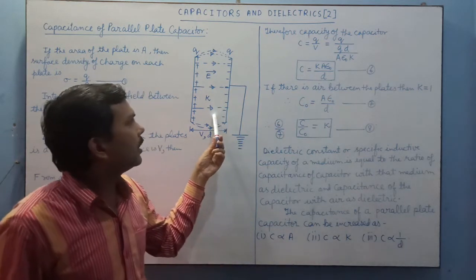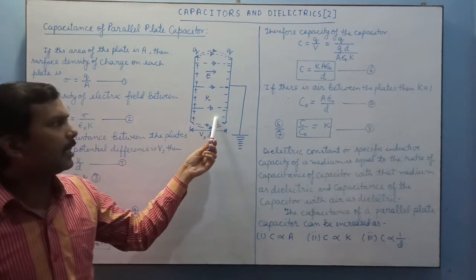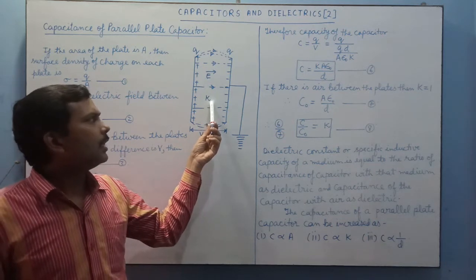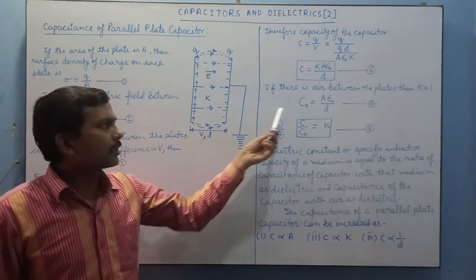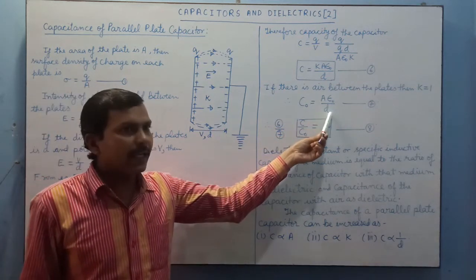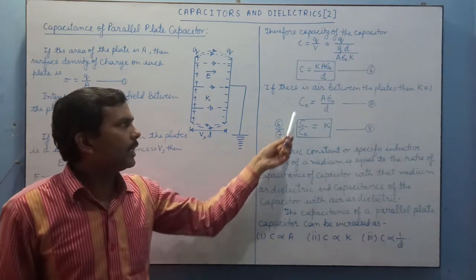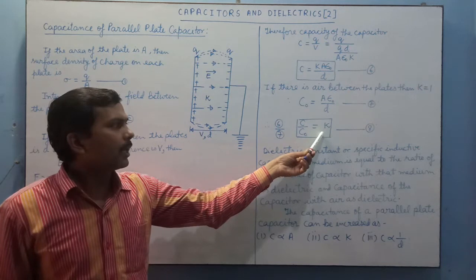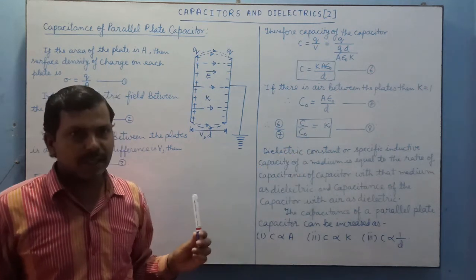If there is air between the plates of the capacitor, then in that case K is equal to 1, and so the capacity of an air filled capacitor C0 is equal to A epsilon 0 by D. We will divide equation 6 by 7, so we get C by C0 is equal to K. From here we can obtain the definition of dielectric constant.